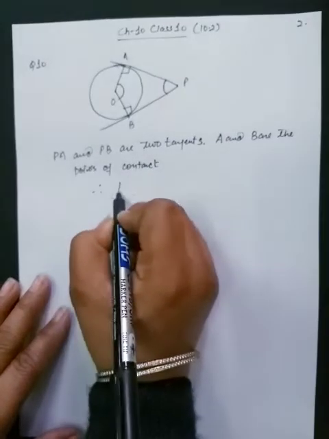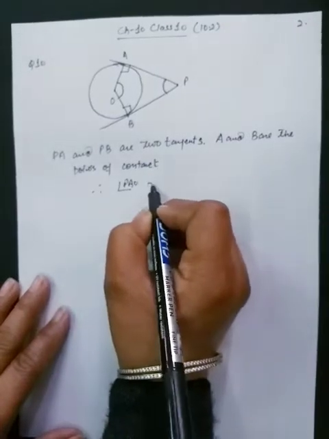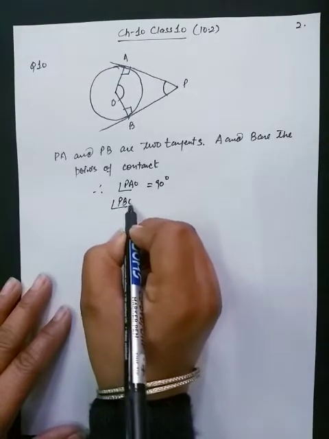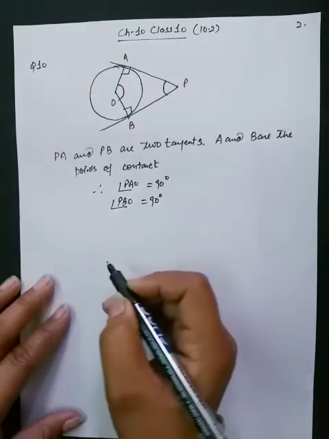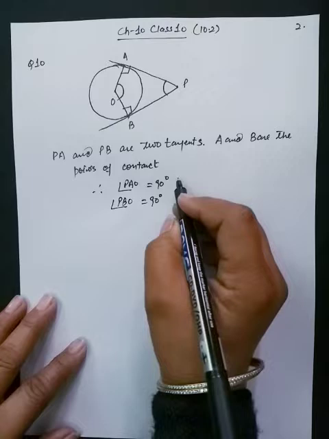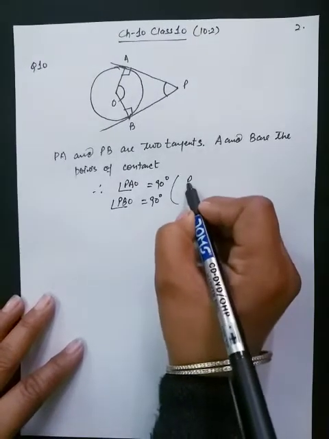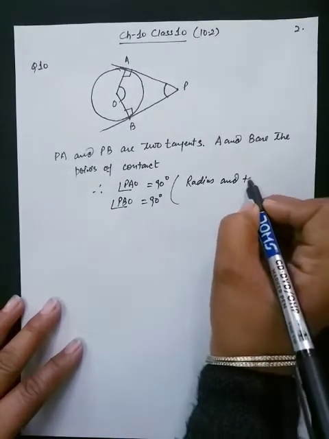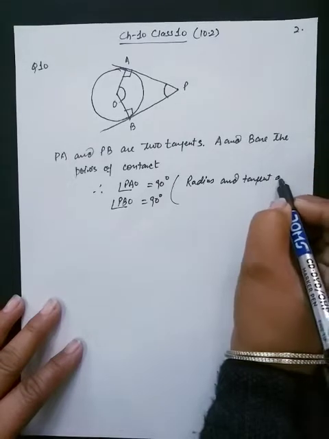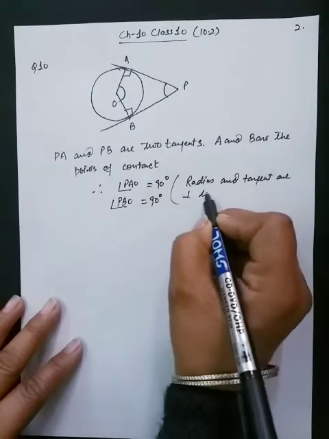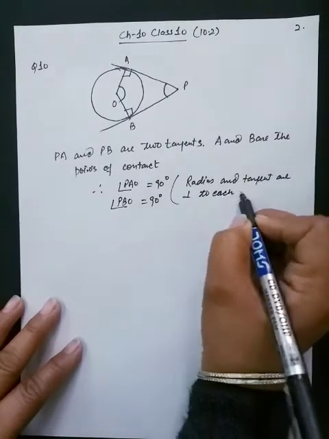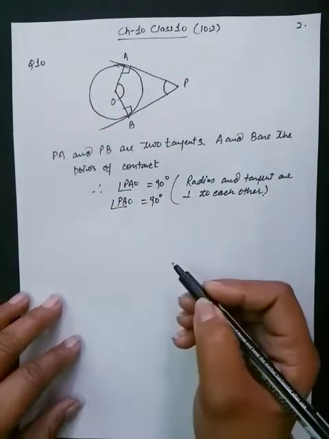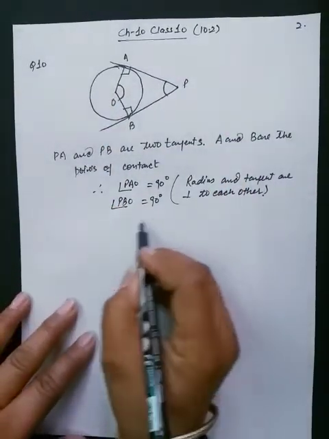So therefore angle PAO is equal to 90 degrees and angle PBO will also be 90 degrees, because radius and tangent are perpendicular to each other. Because in the figure OA is the radius and OB is also a radius, AP and BP are tangents.